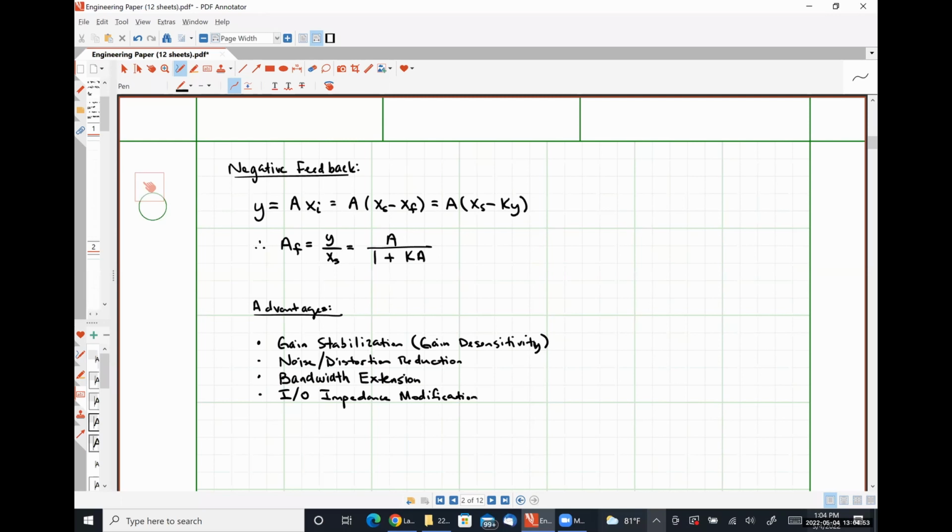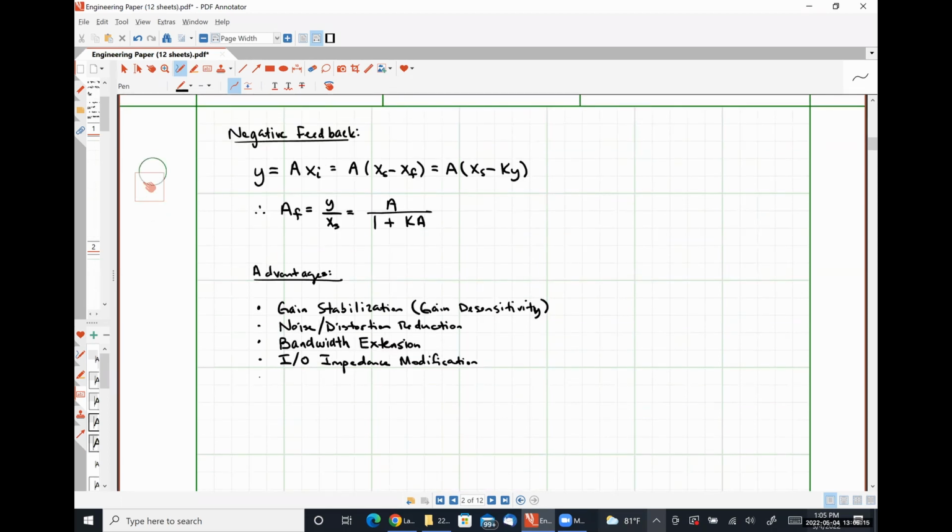So typically speaking, we will see that our input resistance increases by a very large factor and our output resistance decreases by a very large factor, making our feedback amplifier behave more like an ideal amplifier. And then we will also observe an improvement in the circuit's linearity, which kind of goes hand in hand with the bandwidth extension.